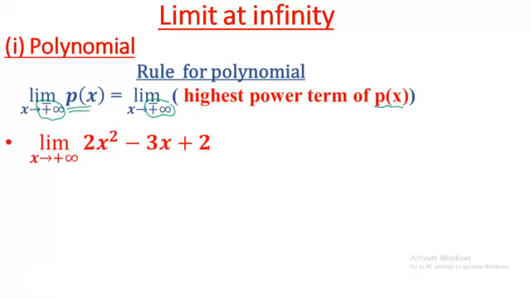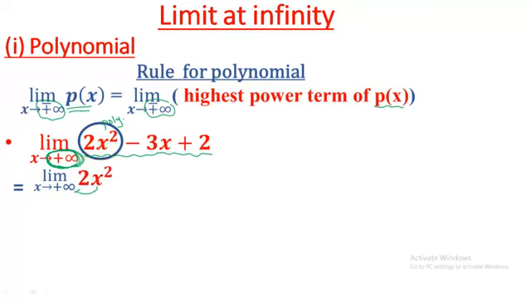If I have the limit as x tends to plus infinity of the polynomial function 2x squared minus 3x plus 2, because the limit is as x tends to infinity of a polynomial function, then we will choose the highest power term, that is 2x squared, and we can write it as the limit as x tends to plus infinity of 2x squared.